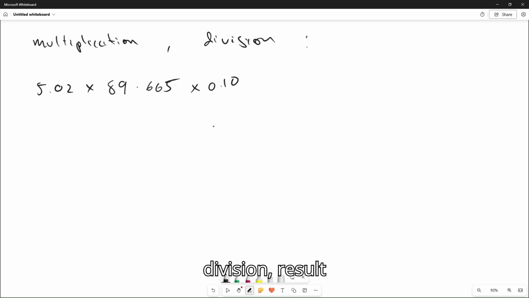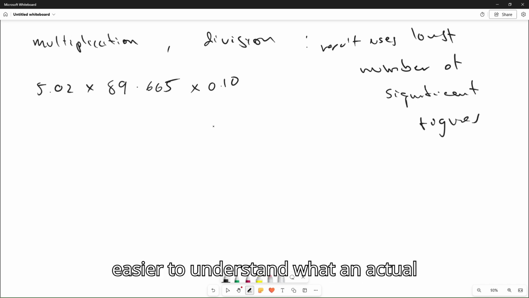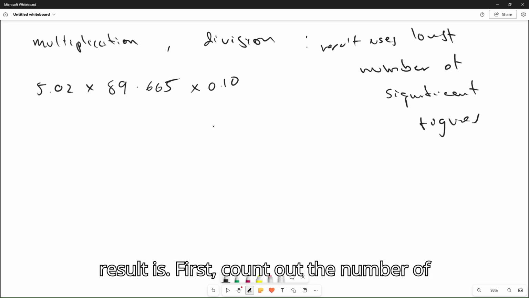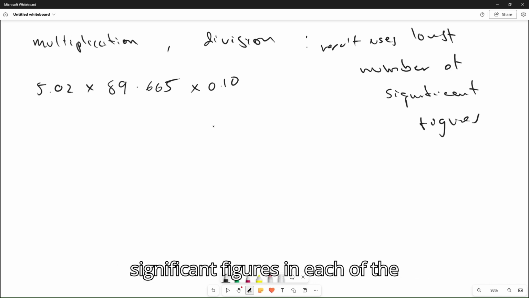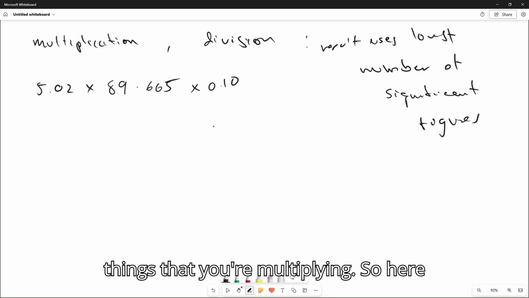So for multiplication and division, the result uses the lowest number of significant figures. That will be easier to understand when I actually solve this. First, count up the number of significant figures in each of the numbers you're multiplying.